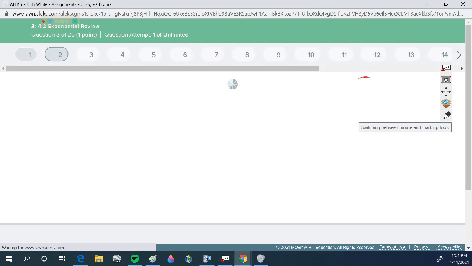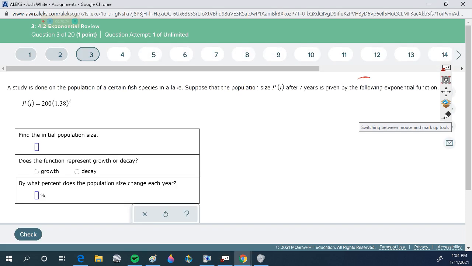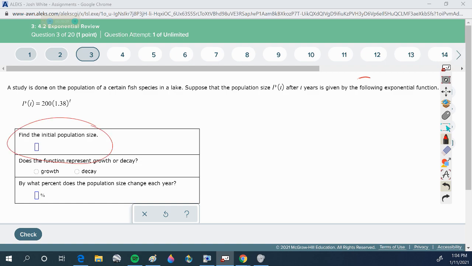Number 3. So number 3 gives you an equation and it wants you to figure out what's happening here. So this is the population of a small city. Population of the number of fish in a lake. How many fish are in the lake right now? Just looking at the equation. 200.